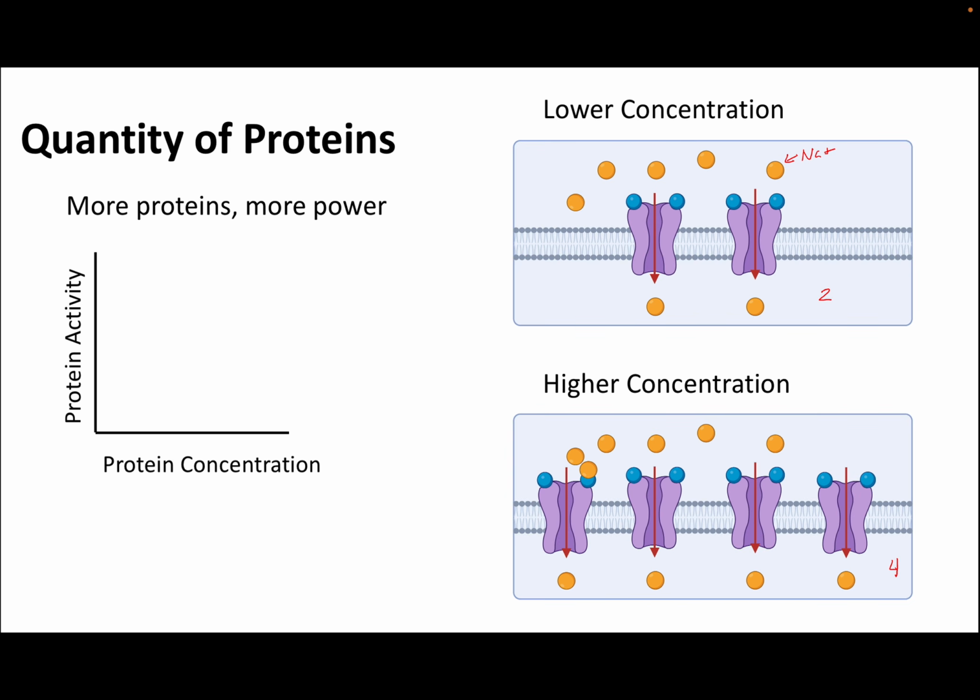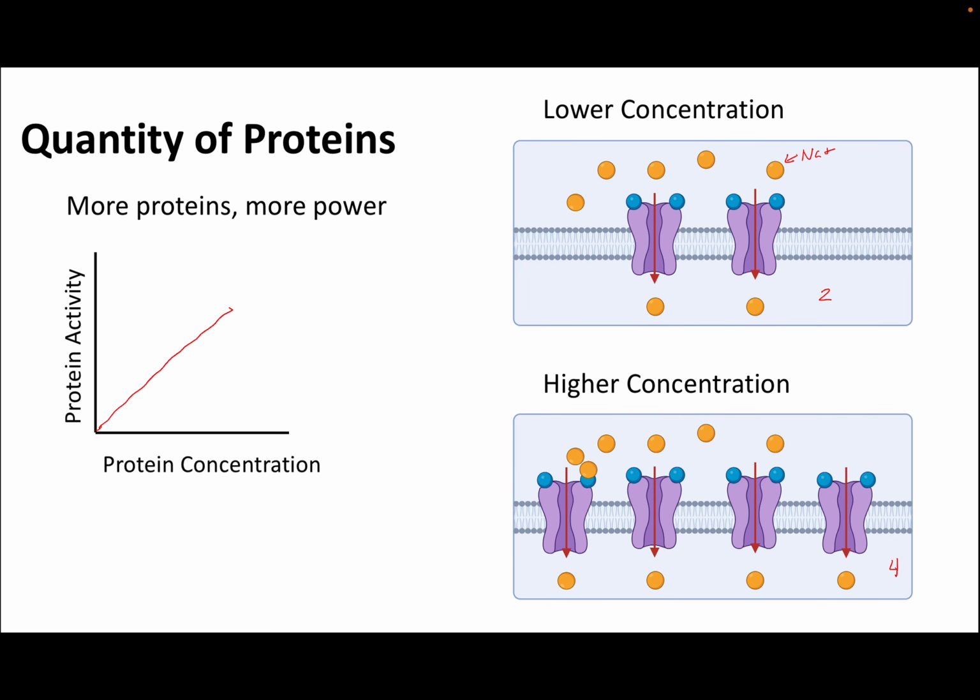But if you had 4 channels, you would have basically double the number of spaces across which to move sodium ions. So you would have a greater amount of activity from that protein overall. So typically what we see is that as you increase protein concentration, you also tend to see an increase in protein activity as well, okay, because you have more proteins completing that function.